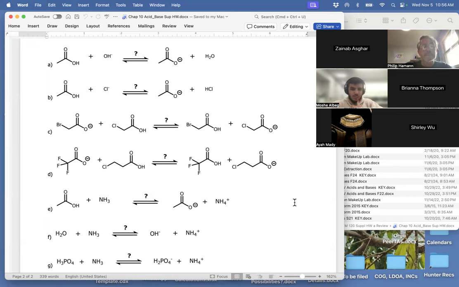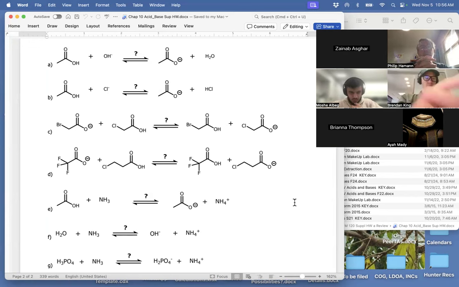Do we look for the side with the stronger acid or base? You have to recognize the stronger acid and base pair. They're always a pair, and they are going to react, which means the side with the weakest acid and base is going to dominate.